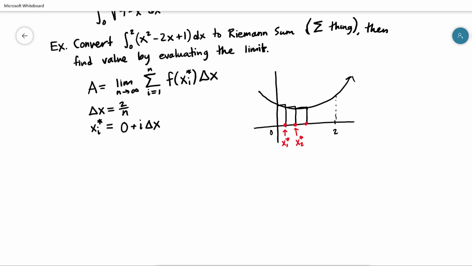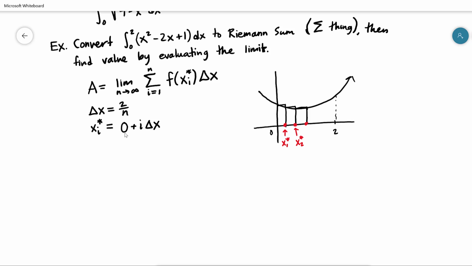So what is this location right here? Well, it's 0 plus 1 delta x. So 0 plus, when i is 1 and I'm looking for x1, it'll be plus 1 delta x. And that would put me right there. And if I wanted to get x2 star, that'll be 0, my starting point, plus 2 delta x's to get me to this point. 3 delta x's to get me here, 4, and so on, all the way up till the last one, n delta x's will get me to the last point that I'm interested in.